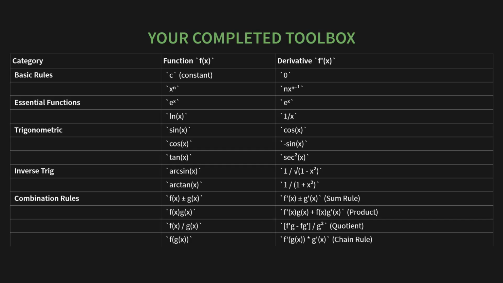You didn't just memorize formulas, you built every single rule from the ground up. The basic rules, the essential functions, the trigonometric derivatives, the product rule, the quotient rule, the master key chain rule, even the clever hack of implicit differentiation. You now possess the complete toolkit for differentiation.